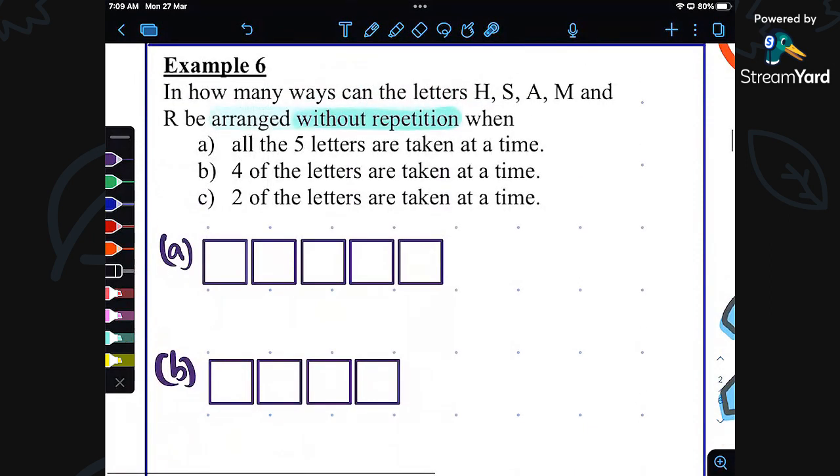Okay, so let's start with all 5 letters. Basically, we are given 5 letters: H, S, A, M, and R. We know that. So 5 letters are the only letters that we can arrange.